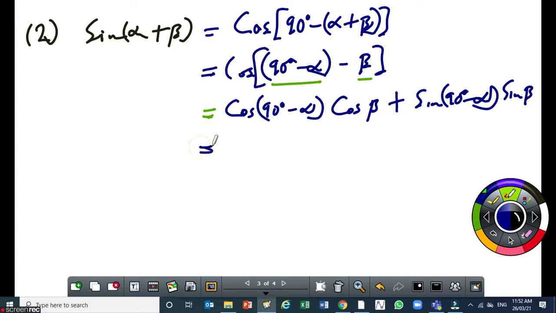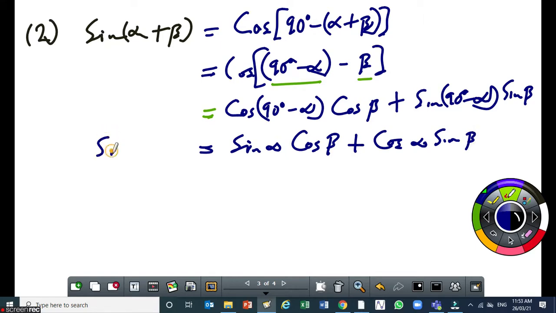Cos 90 minus alpha from the co-ratios will give me sine alpha times cos beta. Now, plus, sine 90 minus alpha is going to be equal to cos alpha times sine beta. So that's the compound angle for sine, the one with the D shape.